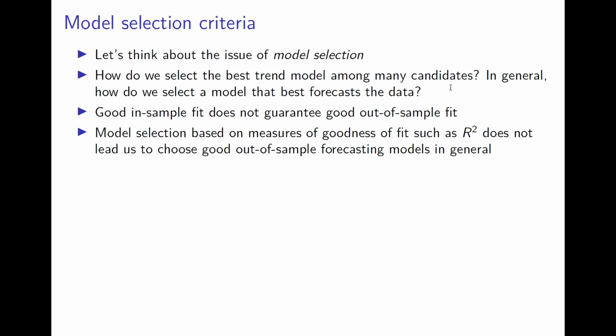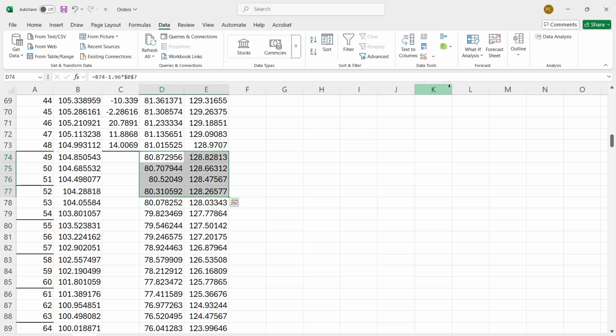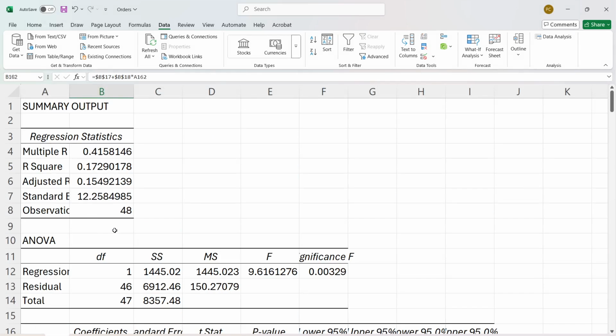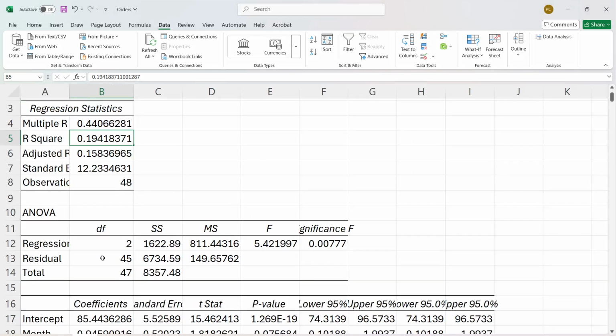Well, I could, for instance, look at R-squared, but R-squared is always going to choose the larger model. Let's verify. R-squared for this quadratic model is 0.194. R-squared for this linear model is 0.172. R-squared chooses the quadratic model because R-squared always chooses the quadratic model.